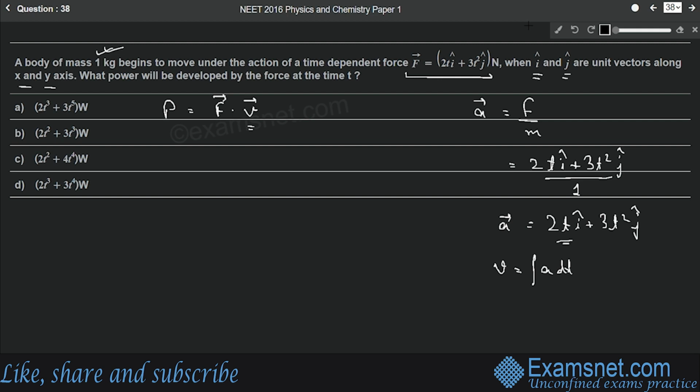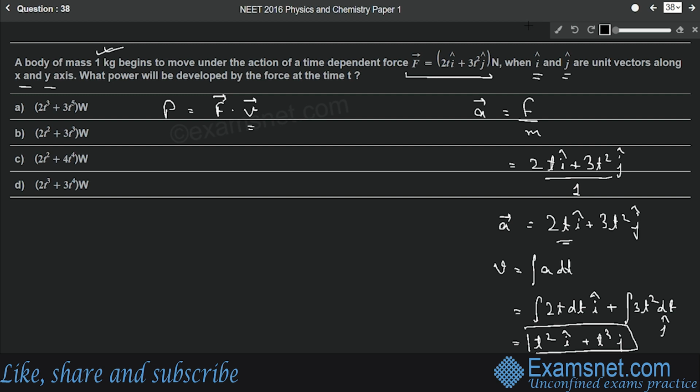So let's integrate this. We have to integrate 2t dt i cap plus 3t square dt j cap. And on integrating this we'll get t square i cap plus t cube j cap. Okay. So this is your velocity.